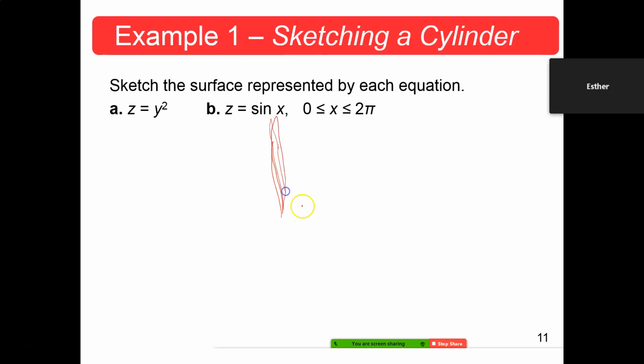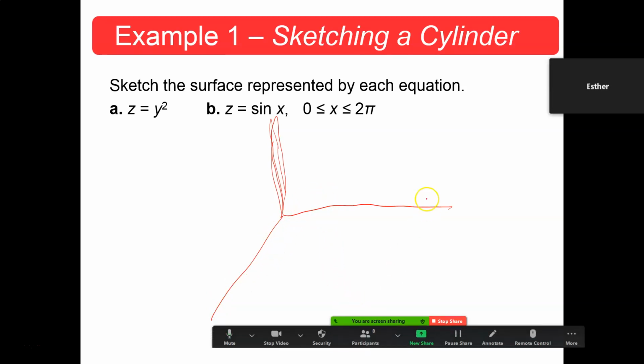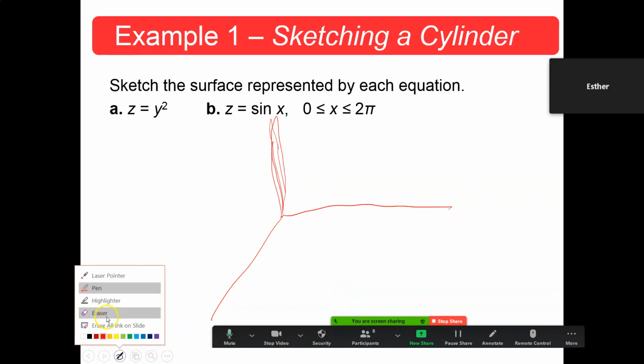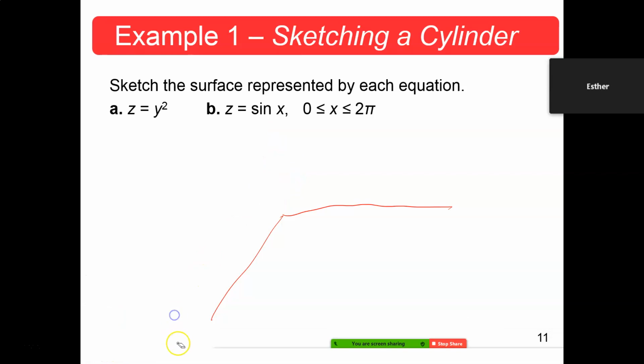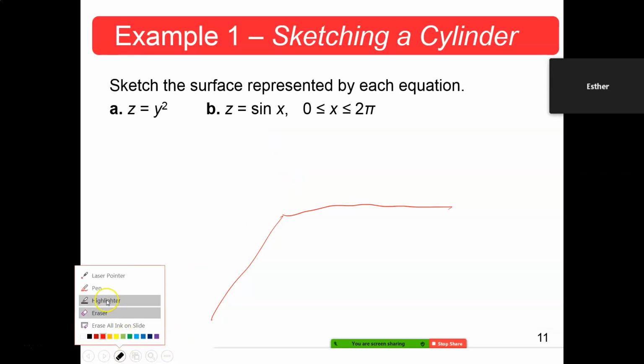That gets worse and worse. There's the z-axis, there's the y-axis, here's the x-axis. I'm going to see if I can clean up that z-axis a little bit. Let me try it one more time.